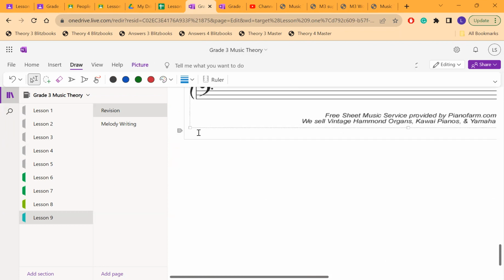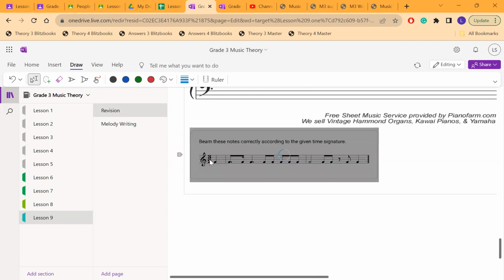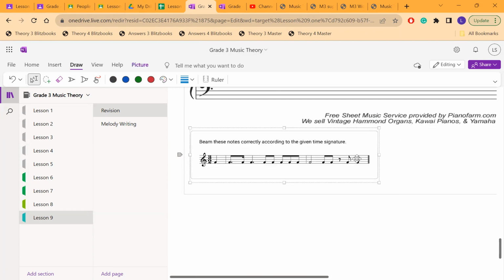I need to go all the way down and continue here. Beam these notes correctly according to the given time signature. I think I just need to type more. No, I think it's still possible. Yeah, but no one else has seen this question yet. All right.